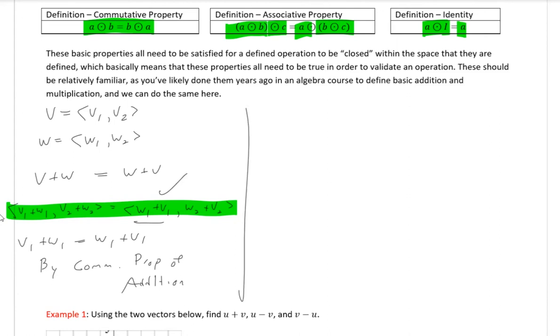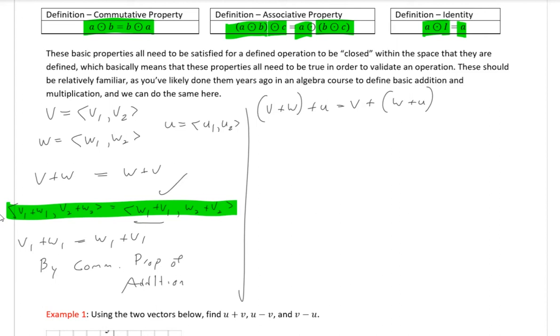How about the associative one? That one's a little bit more complex, but we could still analyze that by looking at the components. If you have V, W, and we also say U is U1 and U2, then we can say V plus W plus U equals V plus W plus U. And we just need to show that.